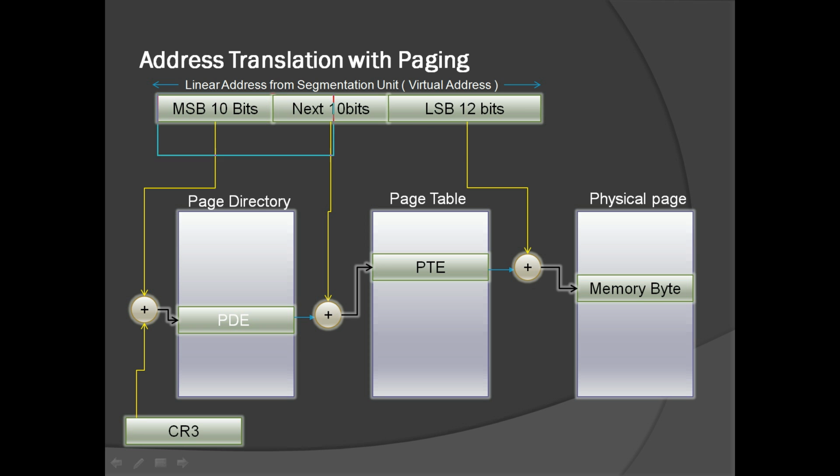So this is the 32-bit address, or virtual address, coming from a program to the CPU. So our input is this particular address. We have one more input for the translation called the CR3 register, or page table directory base address.